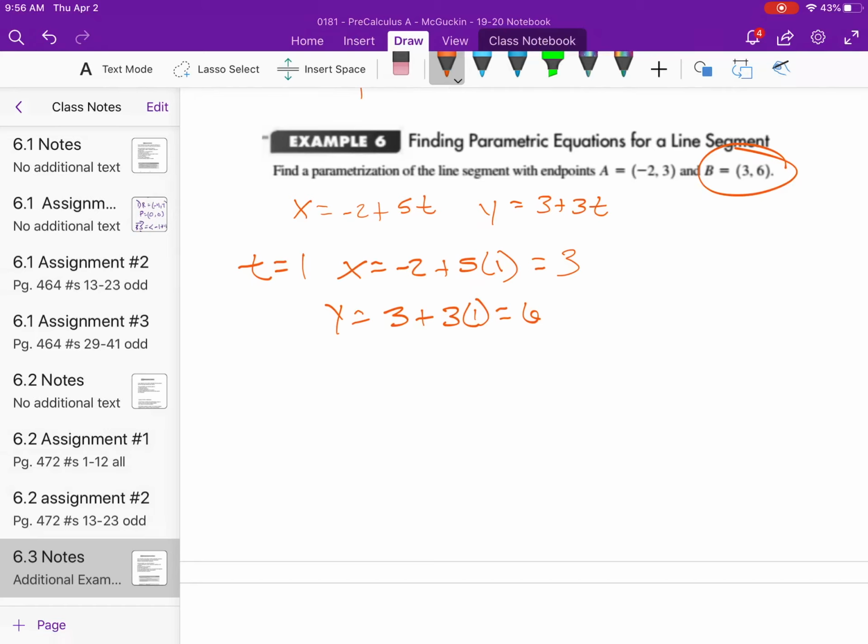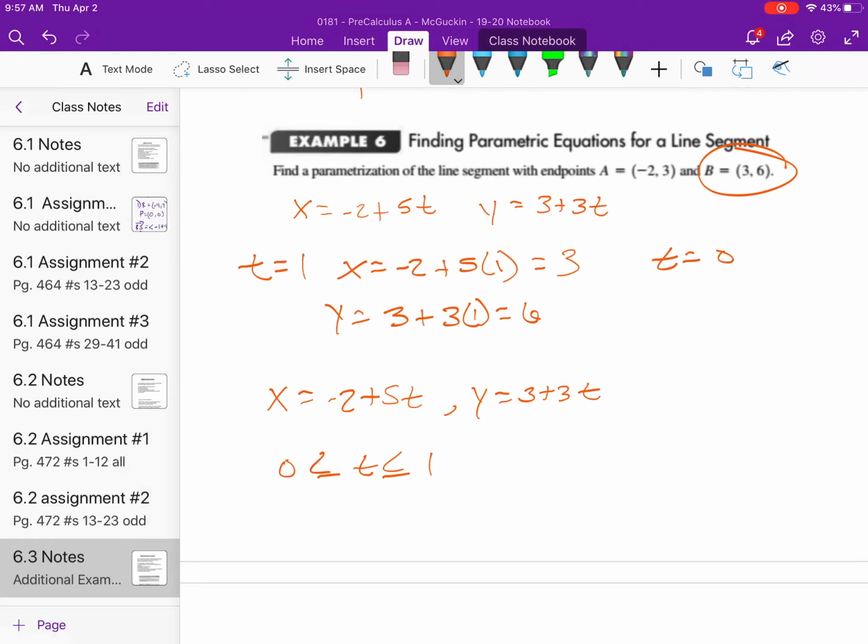And so we can say, for example, that we will parameterize this segment from x equals negative 2 plus 5t and y equals 3 plus 3t, where t is from 0 to 1. And the reason why that 0 comes into play is because, well, what would happen if you substituted 0?